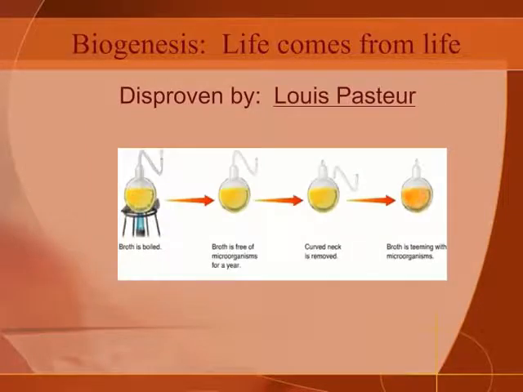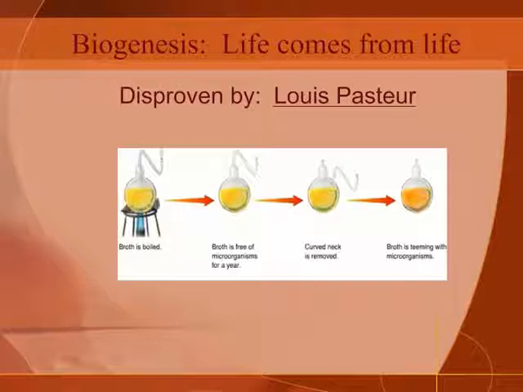The next picture shows an experiment done by Louis Pasteur, and you need to record his name. He disproved spontaneous generation at the microscopic level. Here is how he did that. He took chicken broth, which contained microorganisms in it.